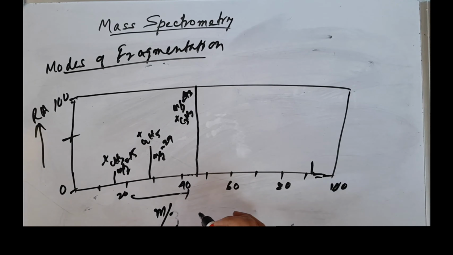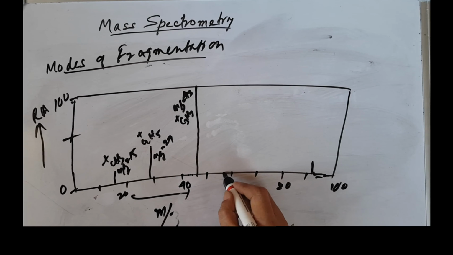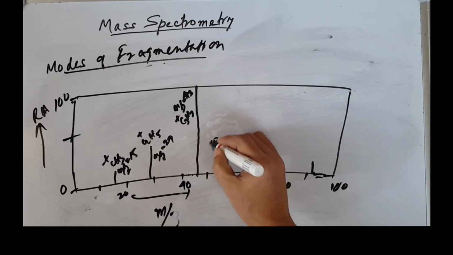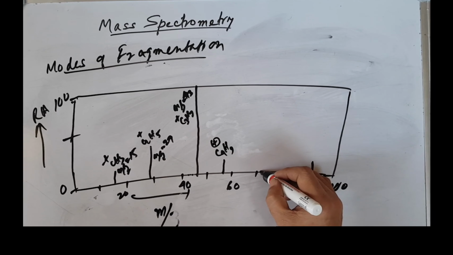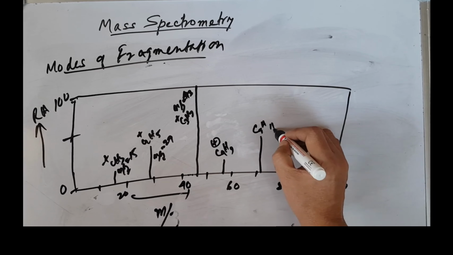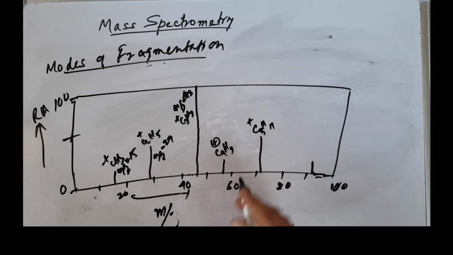Another one is C4H9 with the charge, 57, and then another one, 71, which is C5H11, with a positive charge. So here it is about 2-methyl pentane.